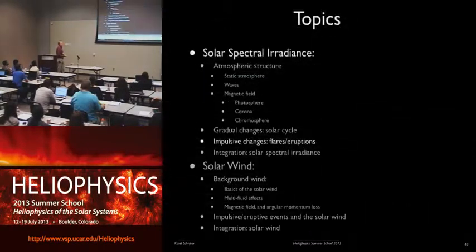Now, on top of that, the last bit here is everything changes also on a much shorter time scale when these large eruptions that Terry was talking about happen, the big flares and eruptions that show up mainly in the extreme ultraviolet and the X-rays.